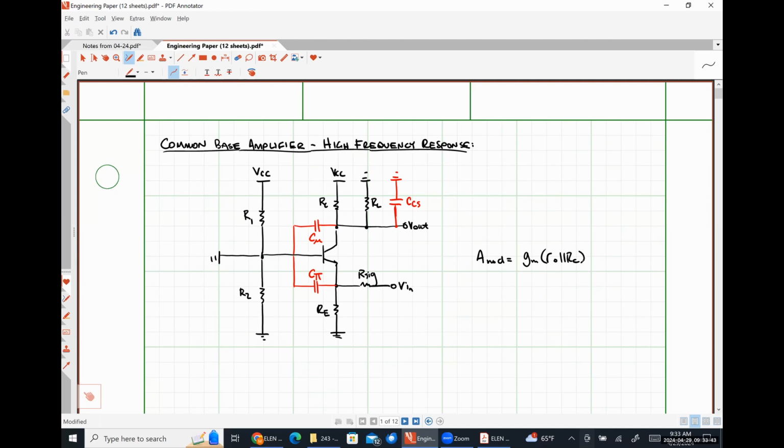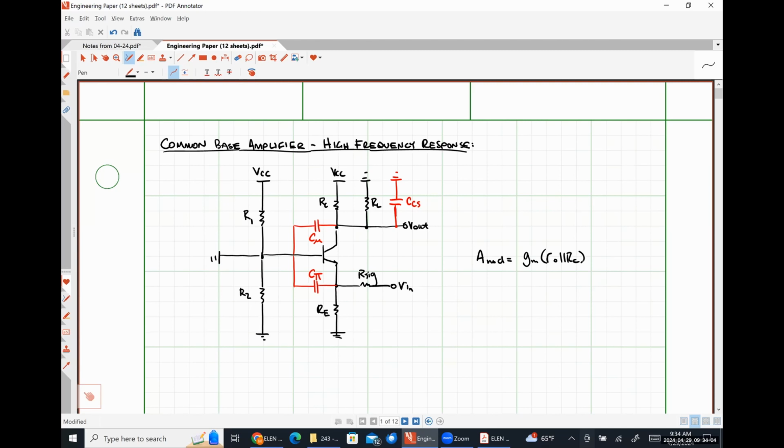So for example, my capacitor C mu is between the collector terminal and the base terminal, but because my base is at ground, that's going to make C mu appear as if it is in parallel with that capacitance CCS. So I could really just lump those together, right?